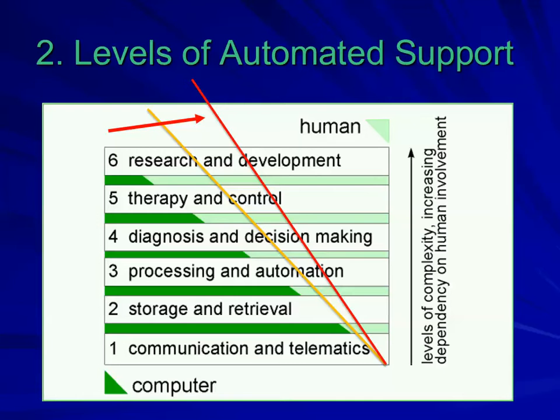So, maybe a small step back into the general topic, but I want to show how the role of humans and computer systems has changed within different areas of activities, from data transmission until research and development.